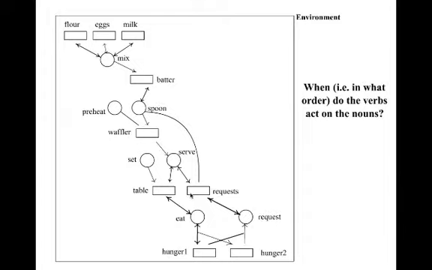I figured it was a good example where all kinds of things can be happening at once. In this case, you can mix the waffle batter, preheat the waffler, set the table, spoon the stuff into the waffler, and have two people eating the waffles, getting hungry and asking for more waffles. That's what this is illustrating.